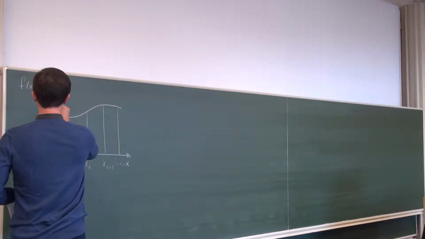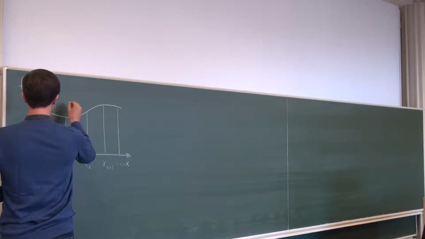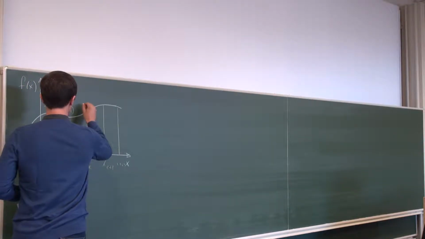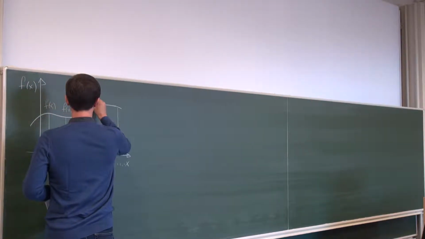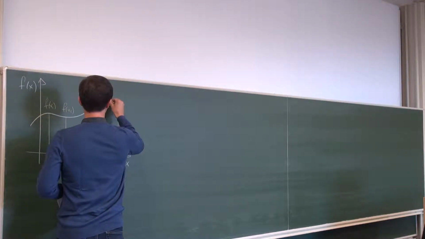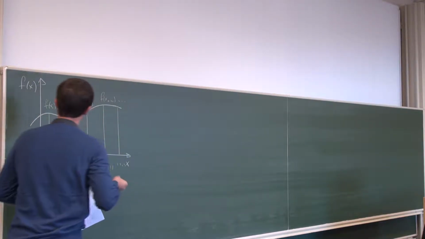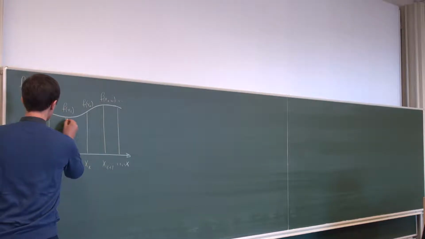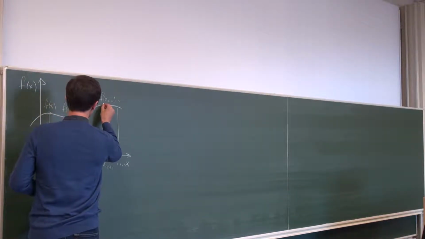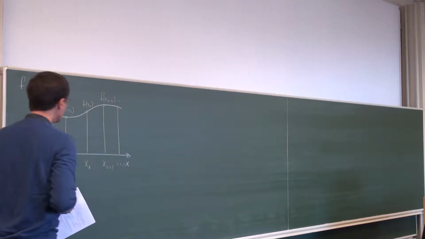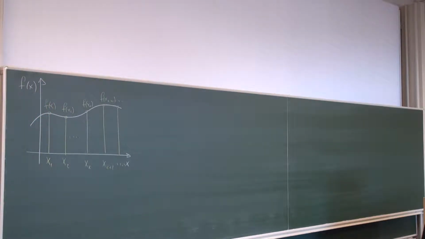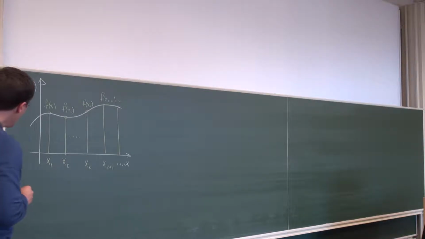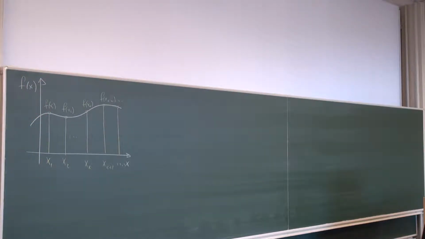And at these points in here we have f of x1, f of x2, f of xk, f of xk plus 1. These are the values that we do know, and we make a reasonable assumption that the function is well behaved, that is smooth and differentiable, and it doesn't contain a lot of noise in it. How would we possibly differentiate something like that if we don't know what's happening in the middle?